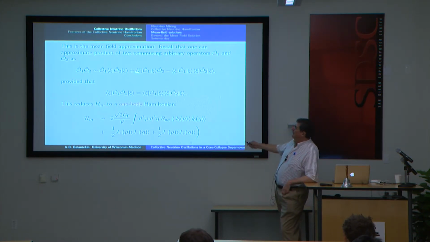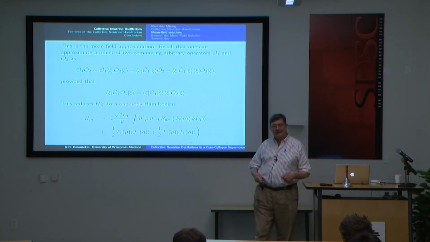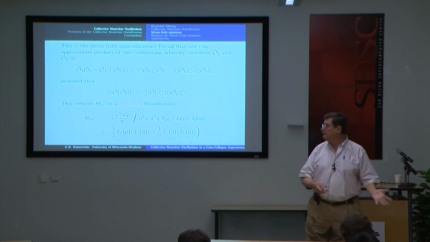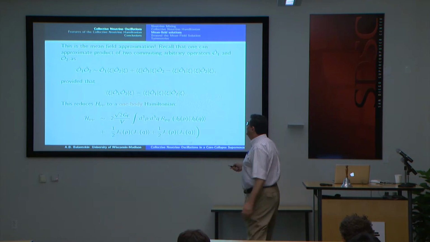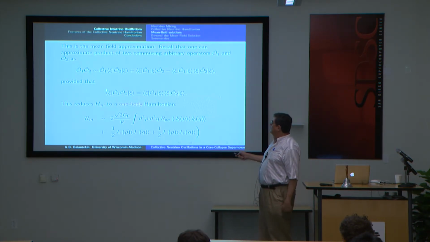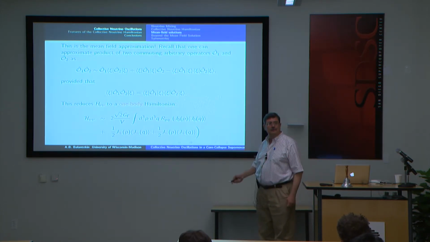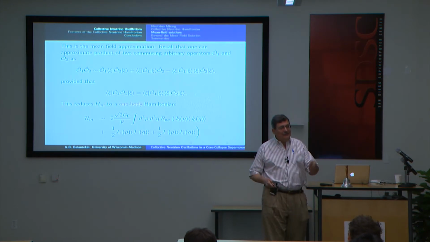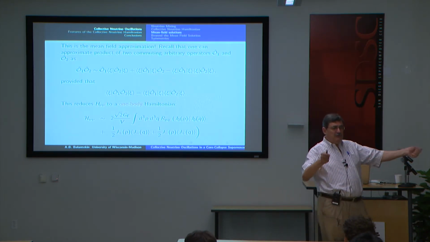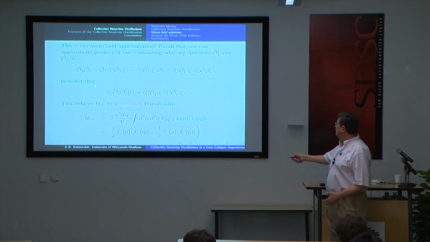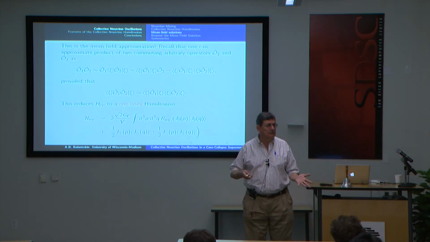But if you do that, there is a bit of overcounting, so you have to subtract that term. That is the standard mean field approximation. But if you take the expectation value of the whole product, again, this has to be satisfied. So given two operators, you need a state that satisfies that condition. But this is the mean field approximation, if you wish.